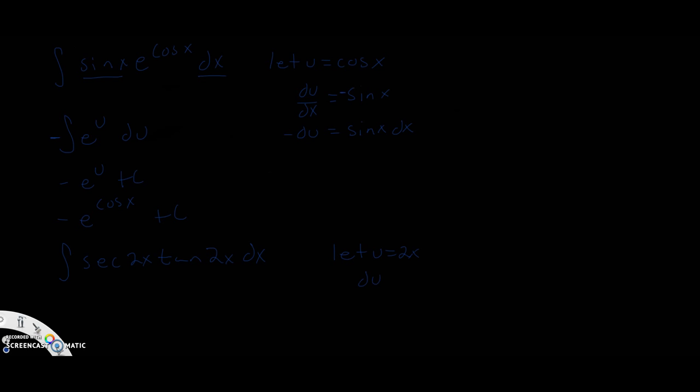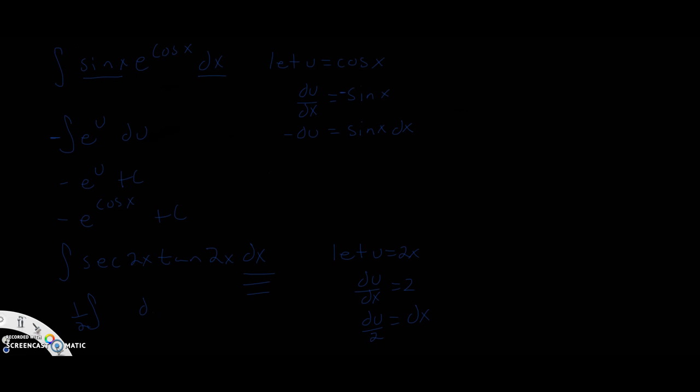So du over dx is going to equal 2, so du over 2 equals dx. You have the dx here, so you're going to replace this with 1/2 du, and now you're going to write down your secant x tan x.